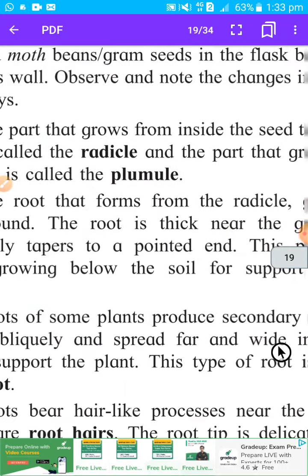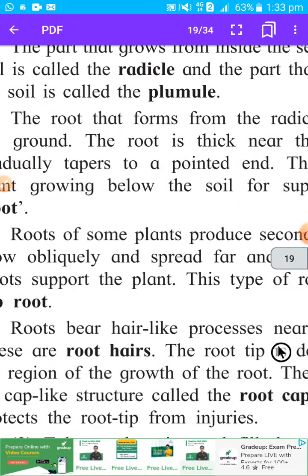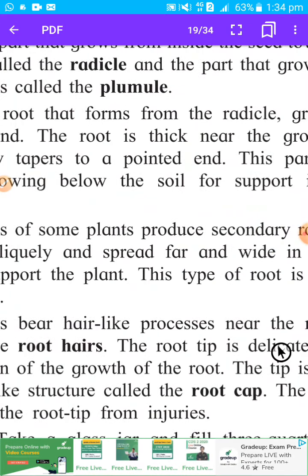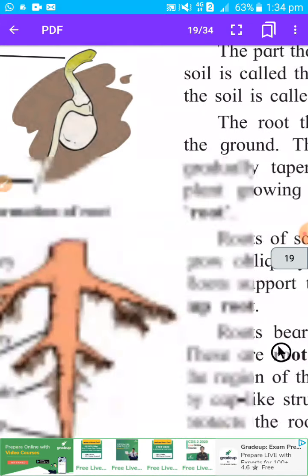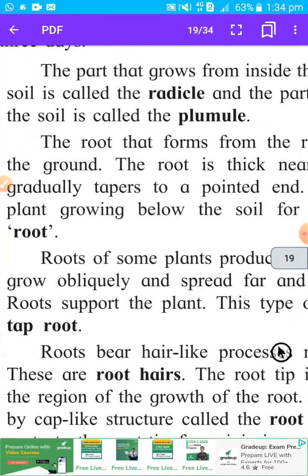The part that grows above the soil is called plumule. Above the soil plumule, below the soil radicle. The root that forms from the radicle grows into the ground. So roots will develop afterward and they will grow below the ground.